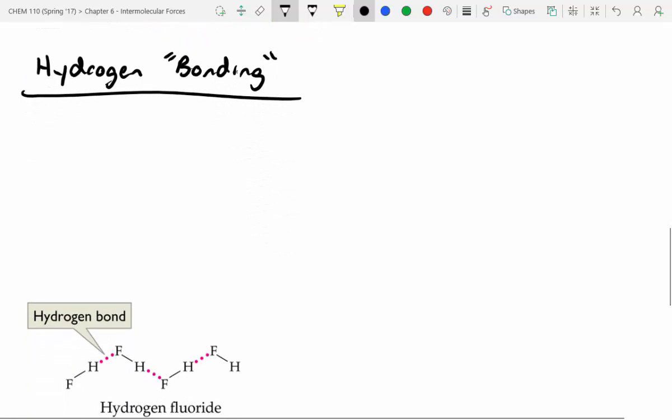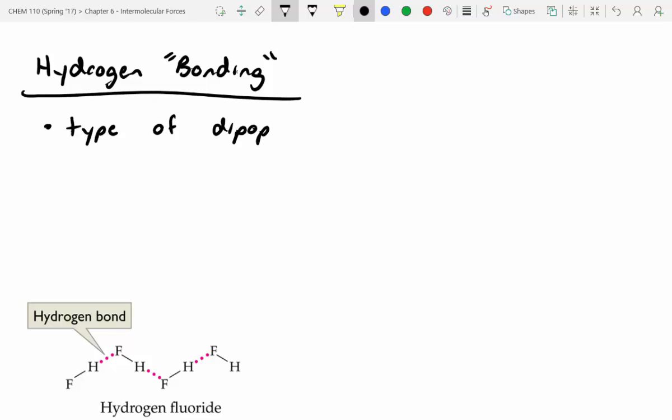So hydrogen bonding is a type of dipole-dipole that is very strong. Way stronger than a typical dipole-dipole.